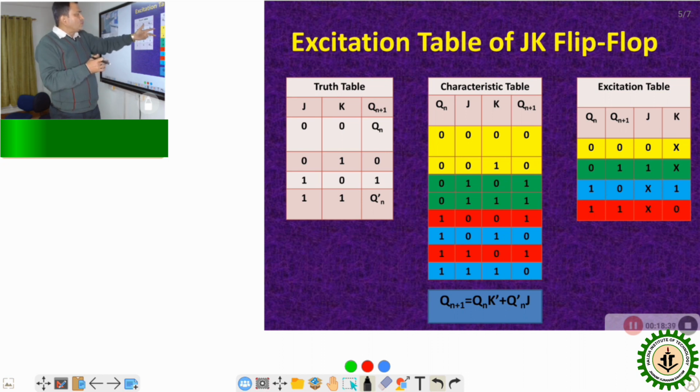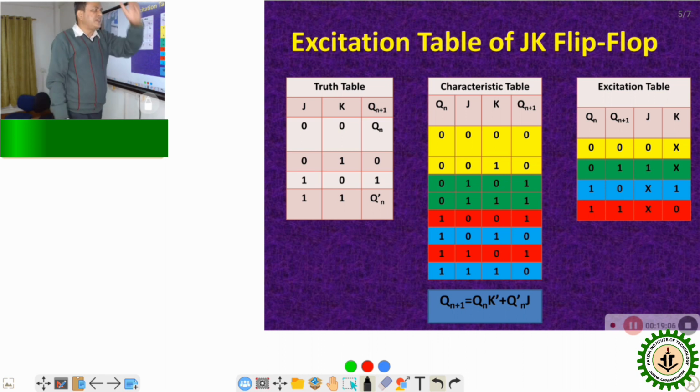In the first 2 rows, see here, the present condition is 0 and the next condition is also 0. Now we have to check what the combinations of J and K are. J is 0 for both the cases, but here K is 0 and here K is 1. That means we can write J equal to 0 and for K we will go for a don't care term.